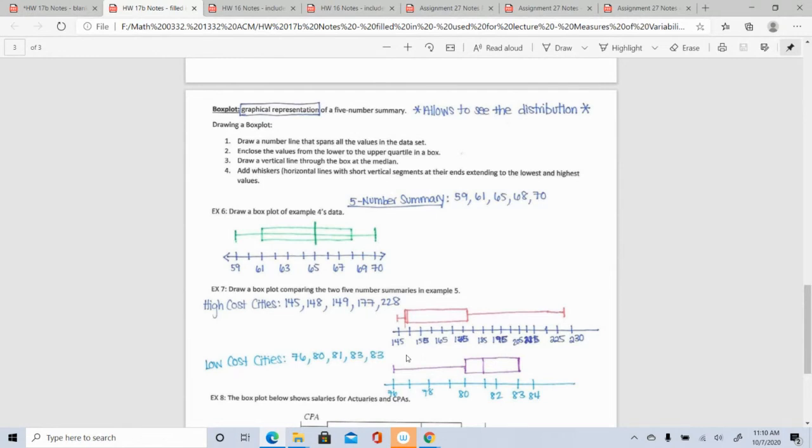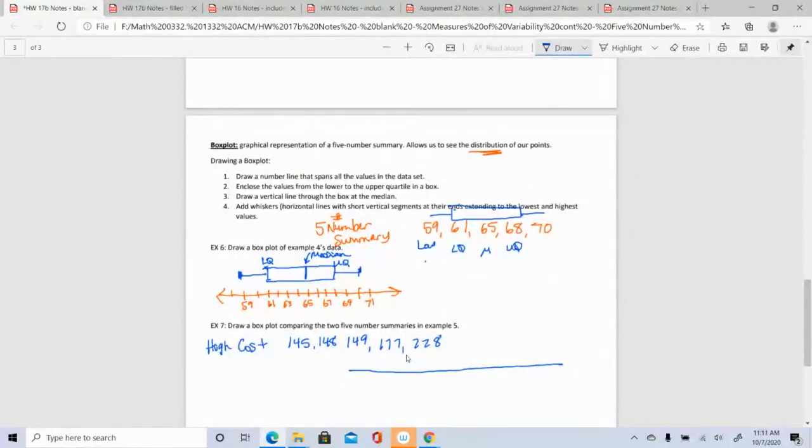Now, I think what I would do, let me go back over here. I think I would start with 140 maybe, 150, 160, 170, and I'm just putting little lines in between, 180.